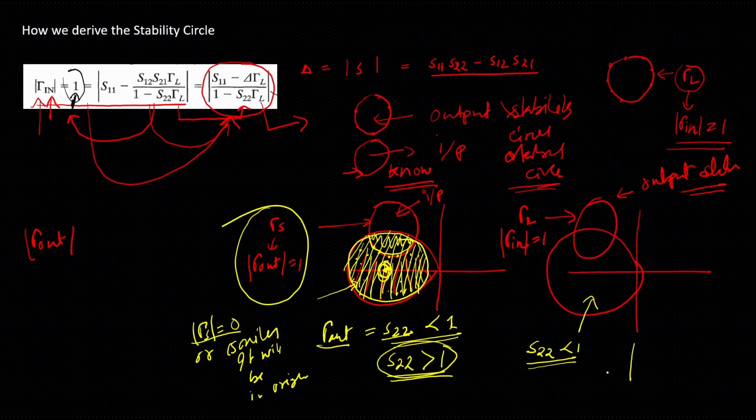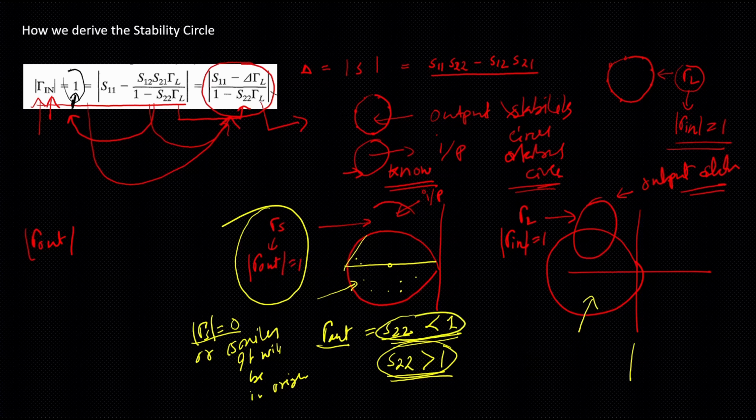Let me clear it. Okay, so for option 1, if S22 is less than 1 and I have a stability circle like this, then that means this side is my stable region, correct, and this is the unstable region.